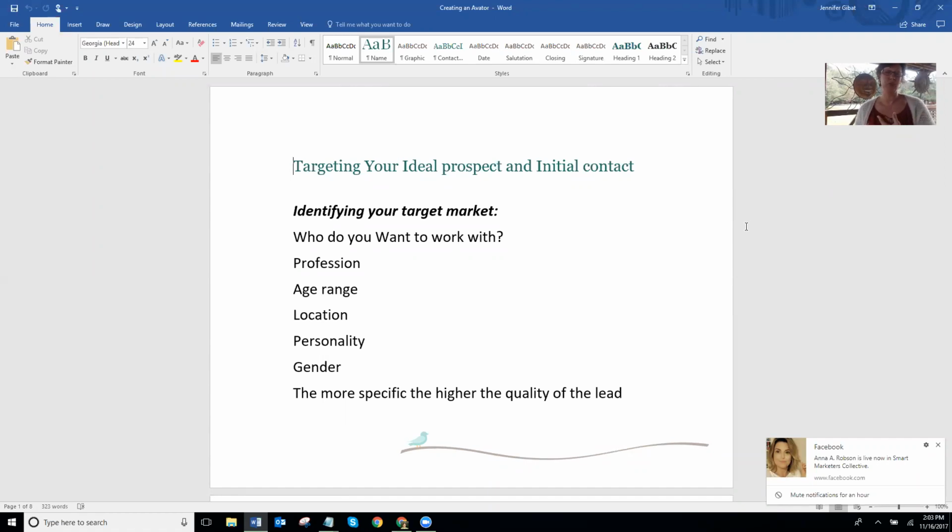What salary do they have? Do they own a home? Where are they located? Are they single? Are they male or female? So whatever your services and products could solve is how you want to pick your person of interest, okay?